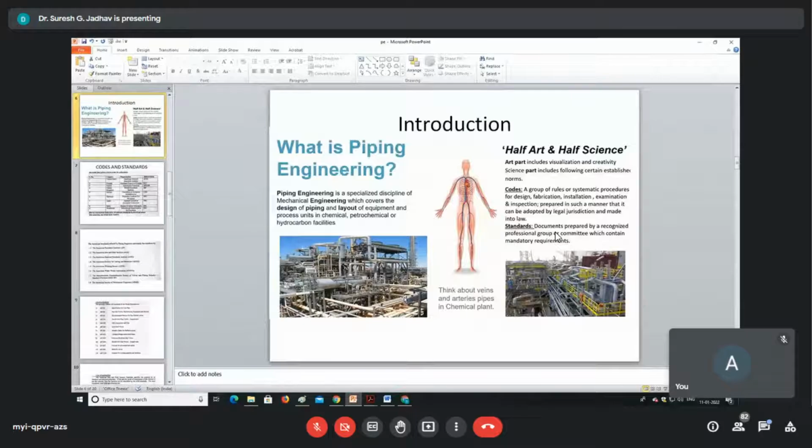Which codes and standards are to be referred to for a given project depends on client preference or local regulations. We'll see some of the international codes and standards widely used the world over. That kind of codes are used in piping.